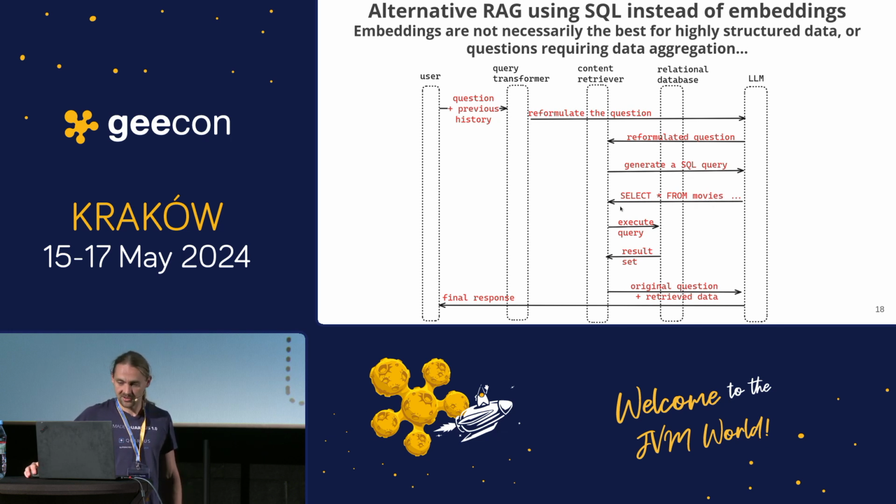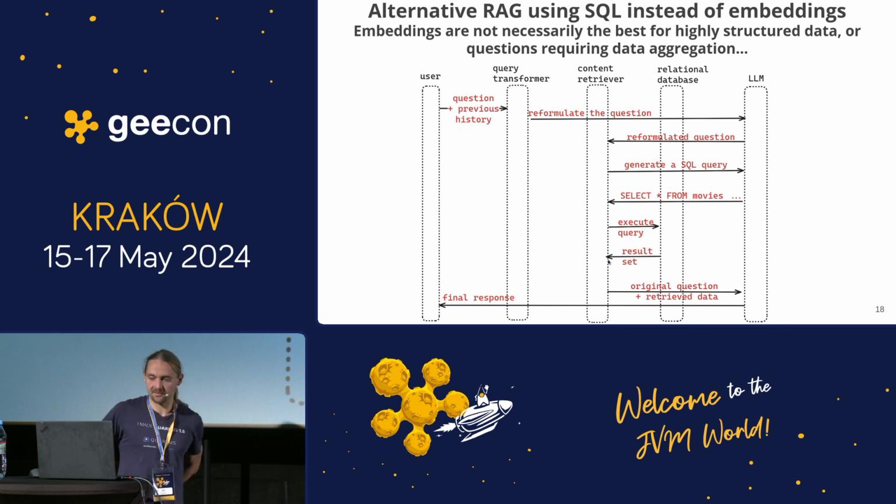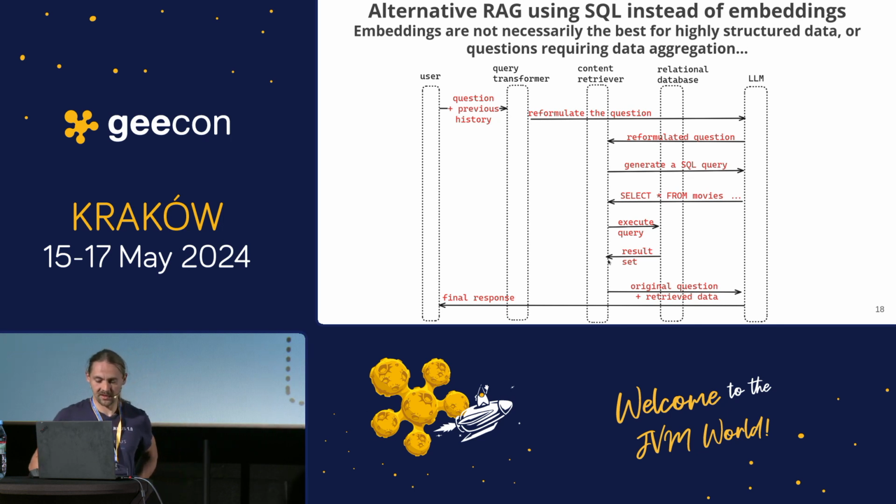And the LLM generates an SQL query. Then the content retriever executes the query and obtains the result set, the data that might be relevant for answering the question, and adds this data to the question in a JSON format.